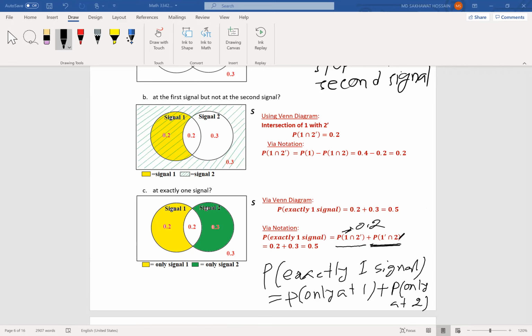So the probability of 2 is 0.5 minus the probability of the intersection, 0.2, which is 0.3. So then the total probability will be 0.2 plus 0.3, which is 0.5.